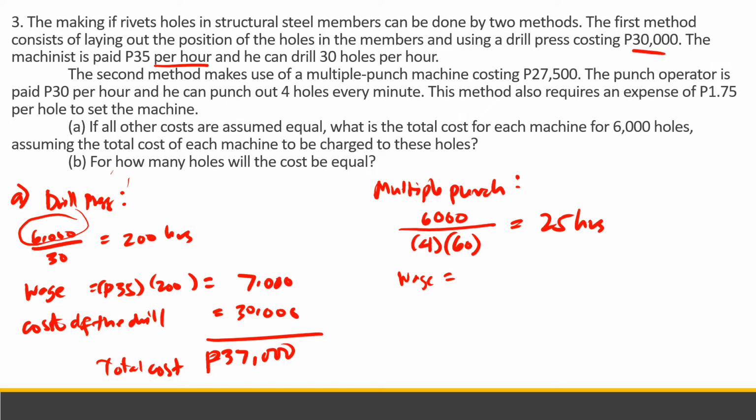Is equals to 30 pesos for 25 hours, 750.